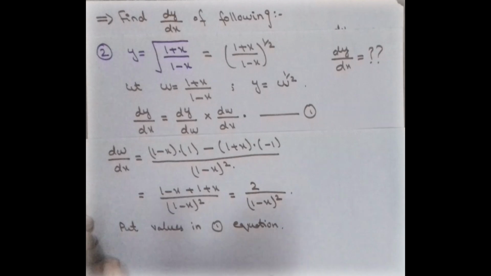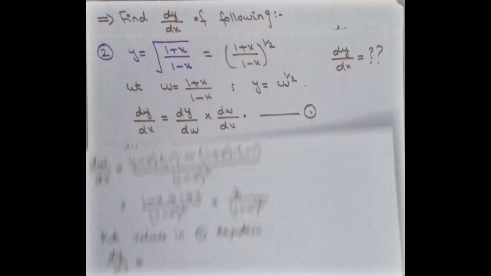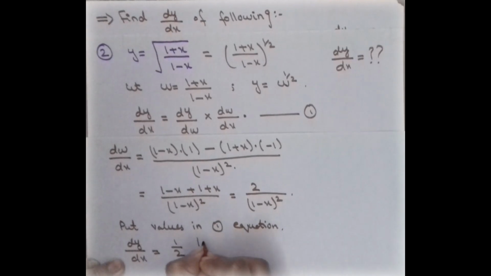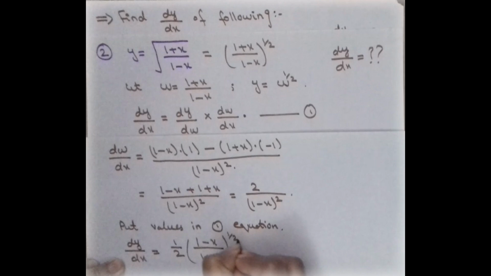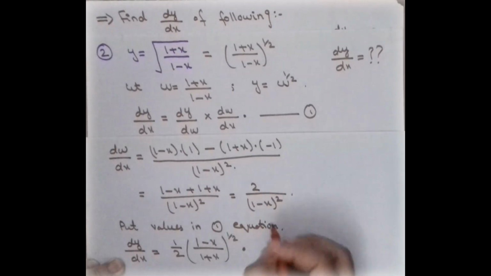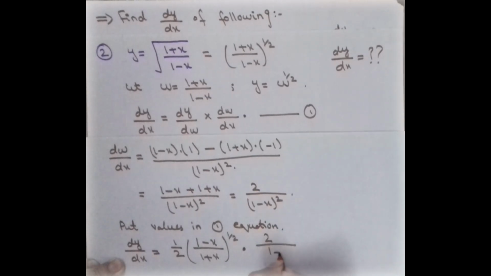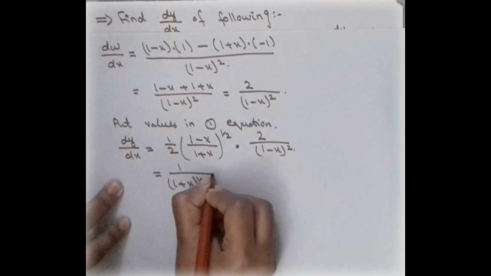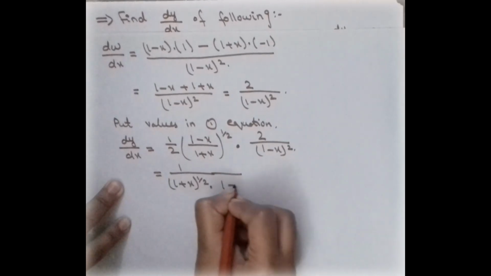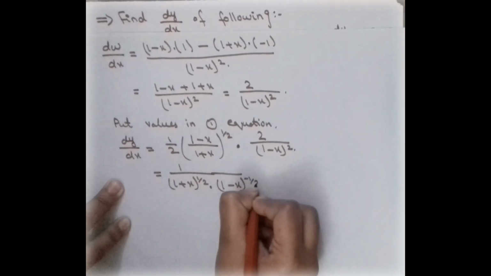So now put the values in the first equation: dy over dx is equal to, what's the value here? Here is the value of 1 over 2, times 1 minus x over 1 plus x with this power, multiplied by this factor, 2 divided by 1 minus x squared. 1 divided by 1 plus x to the power 1 over 2, multiplied, if we move this factor, we can write it as minus 1 over 2.